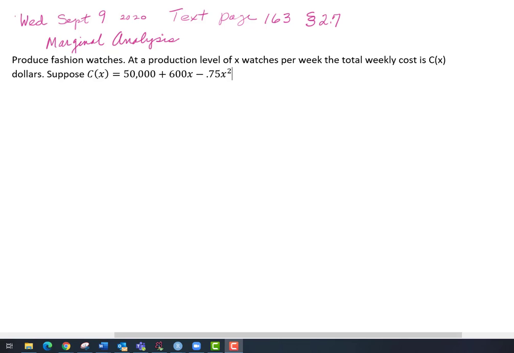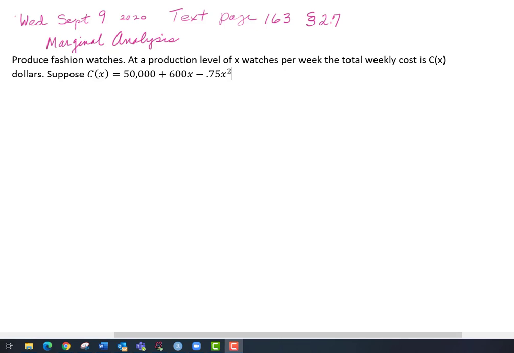The answers for half of those problems are in the back of your book, and there are problems in the text that are followed by complete solutions. So those are also very good for study and practice.